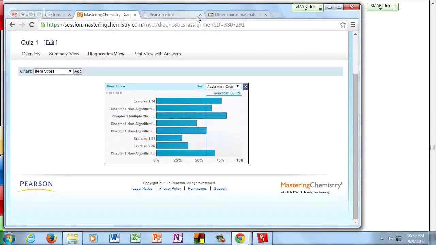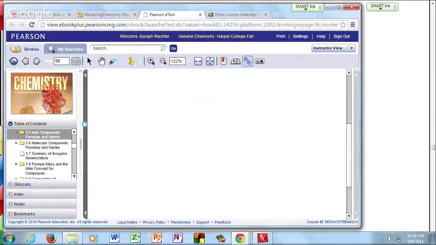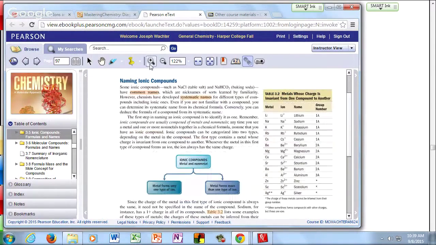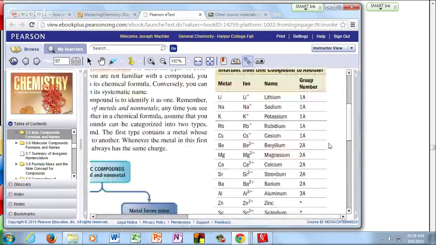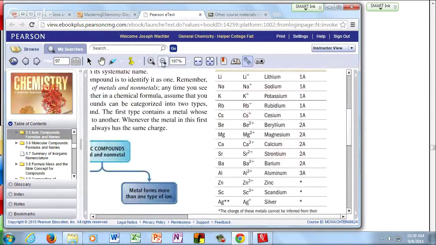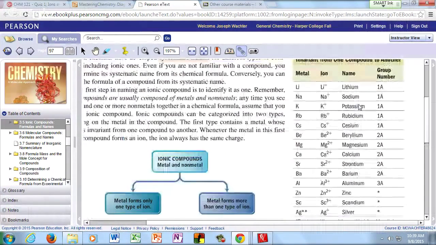So if you go to the book, there are some compounds that you should know. So we can get all these here.